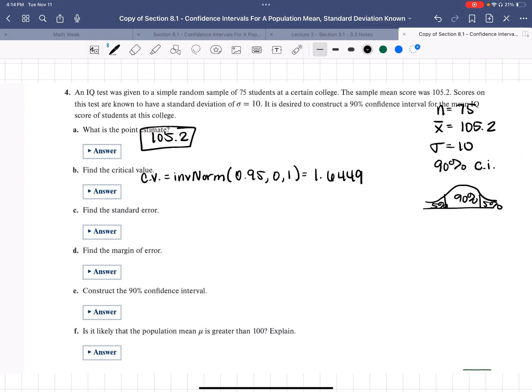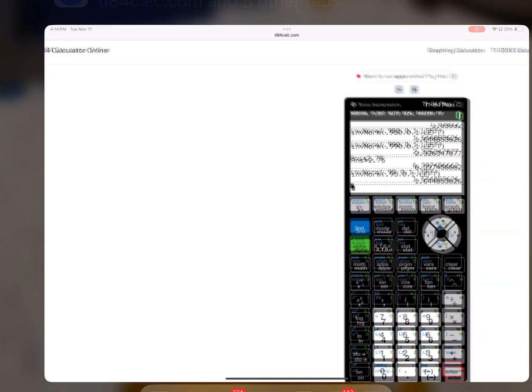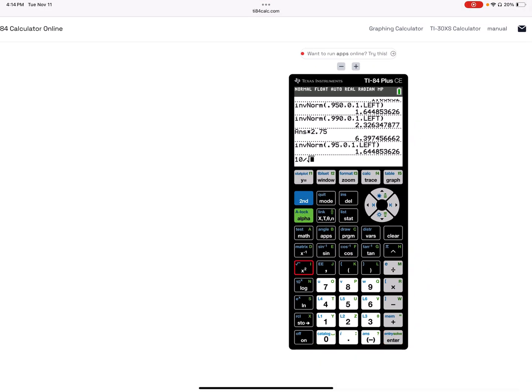Then I need to find my standard error. Well, my standard error is going to be sigma over the square root of n. Okay, that's going to give me 10 over the square root of 75. And that should give me 1.1547. If I have 10 divided by the square root of 75. Yep.